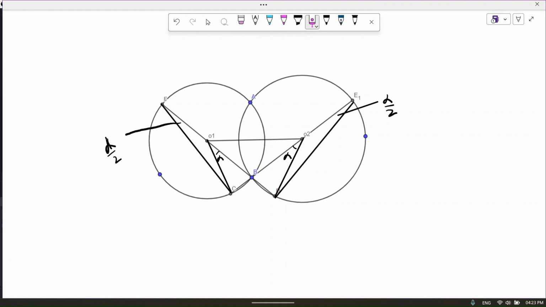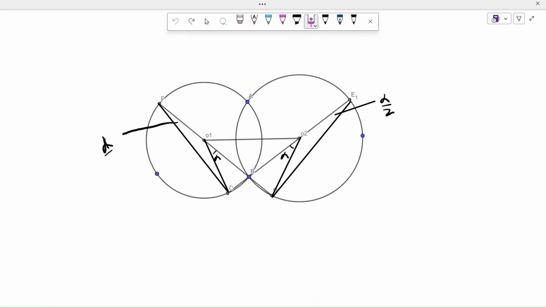So what we did here, we assumed that line BC is passing through O2 and line DB is passing through O1. So that means we need to prove that these 4 points are in one straight line and these 4 points are also in one straight line. If we are able to prove this, we are done. We can also do reverse engineering, meaning we can assume that these 4 points are on a straight line and these 4 points are on a straight line, and then prove that C and D are on the circumcircle of triangle AO1O2, and we will be done.